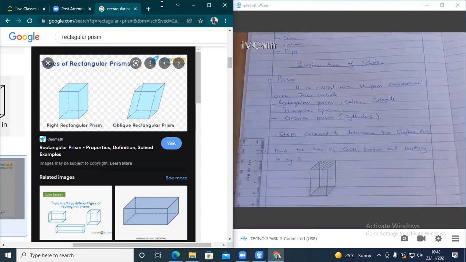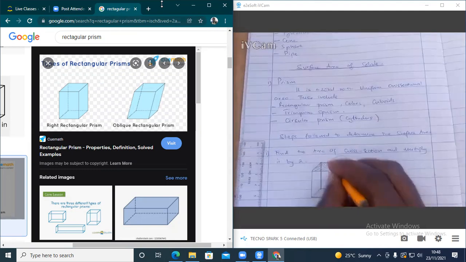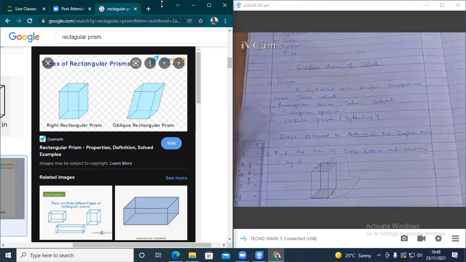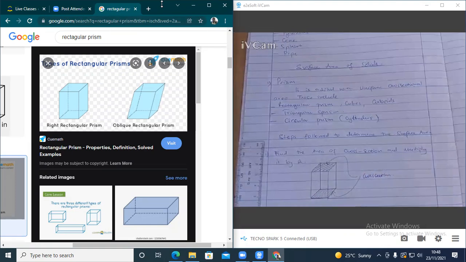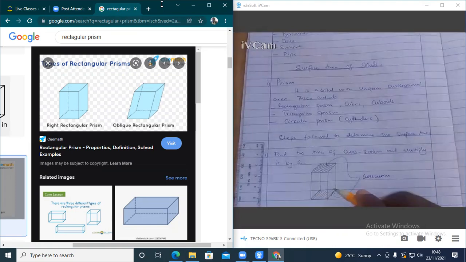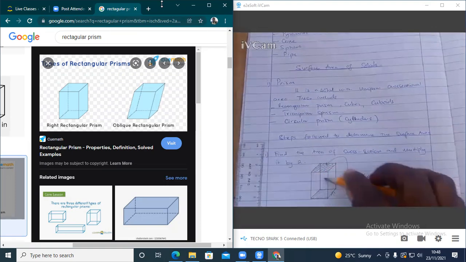The shaded parts are what we call the cross sections. In other words, this is the cross section, and this is what makes up the solid.